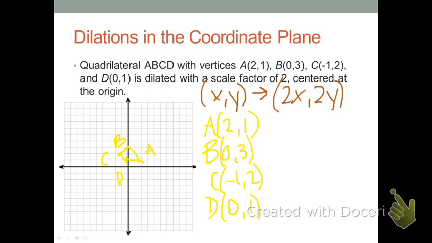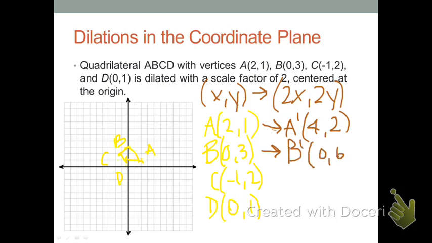So, taking our coordinates of the pre-image, applying our rule, we get that A prime is 4 2, B prime is 0 6, C prime is -2 4, and D prime is 0 2.